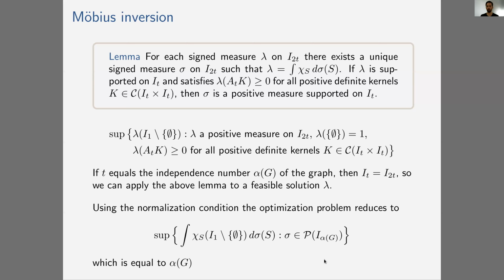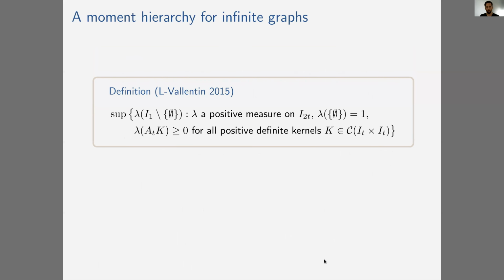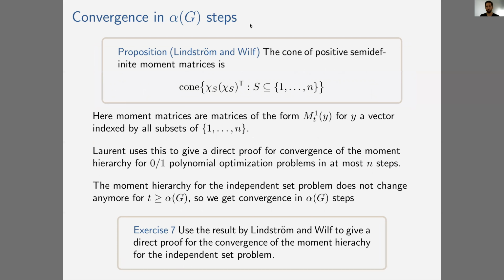This also shows, if I go back a few slides, here it is, Lindstrom-Wilf business. What this is really showing, if you work out this exercise, is that you have the semidefinite programming hierarchy. Semidefinite programming is linear optimization over a spectrahedron, right?